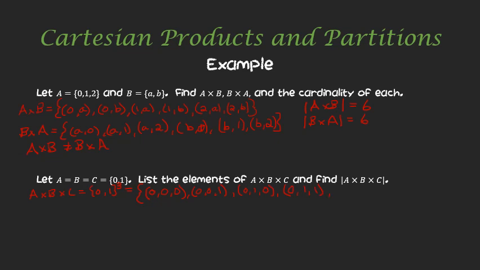I'm going to need to do a new line at some point. (1, 0, 0), (1, 0, 1), (1, 1, 0), and (1, 1, 1). And how many elements are here? 1, 2, 3, 4, 5, 6, 7, 8 elements in this cross product.